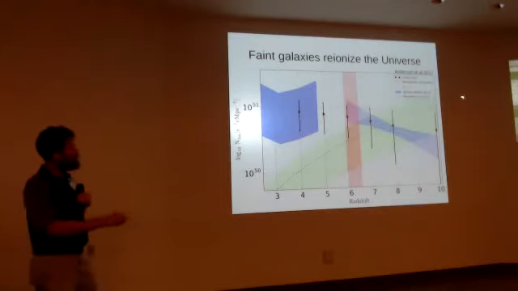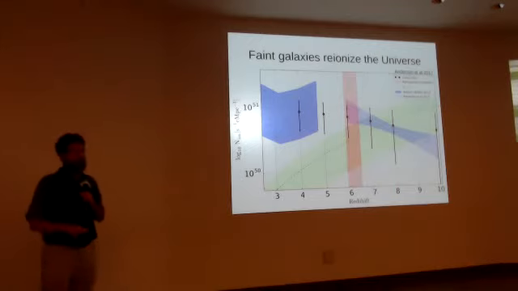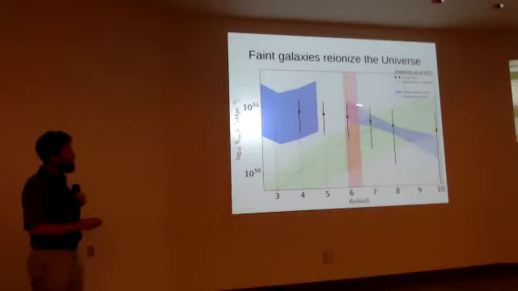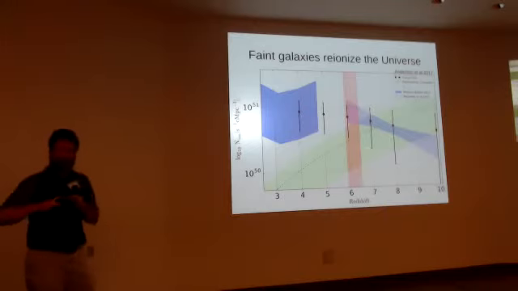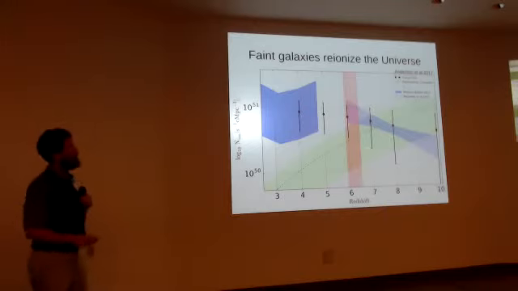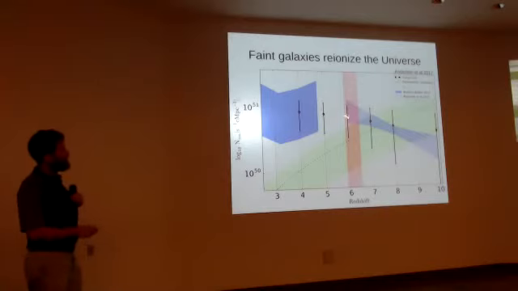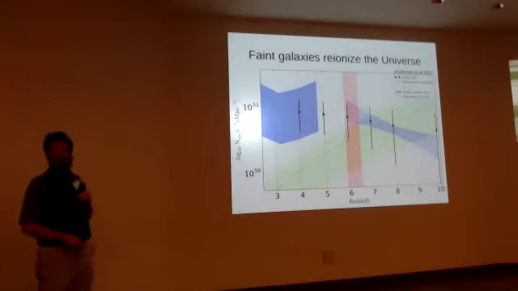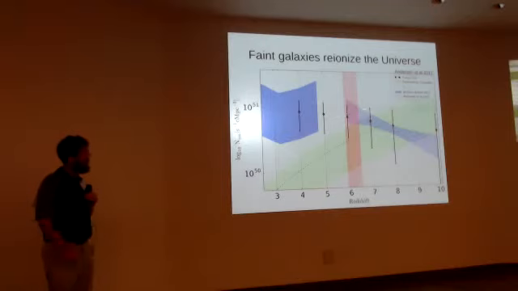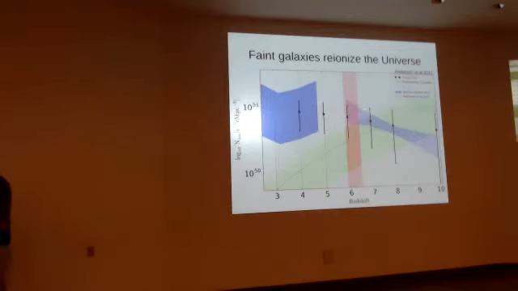All right, so the green line is the flux you need to keep the universe ionized. And so at least in terms of hydrogen ionization, these small galaxies are capable of reionizing the universe and fitting what we know about the ionization state of hydrogen.